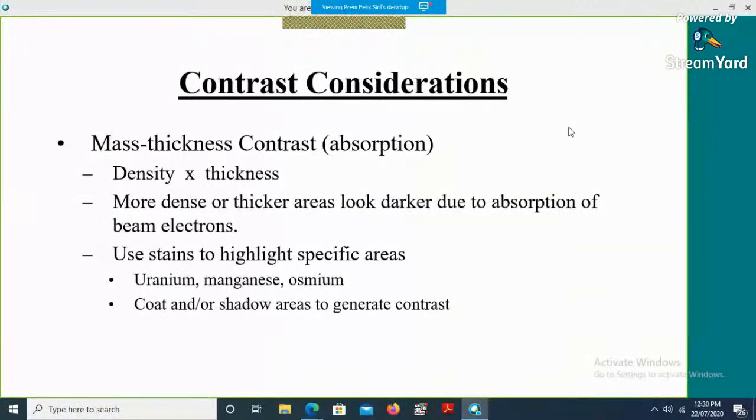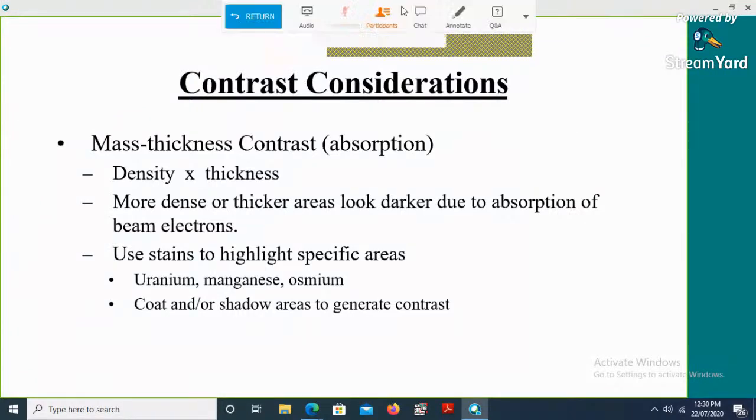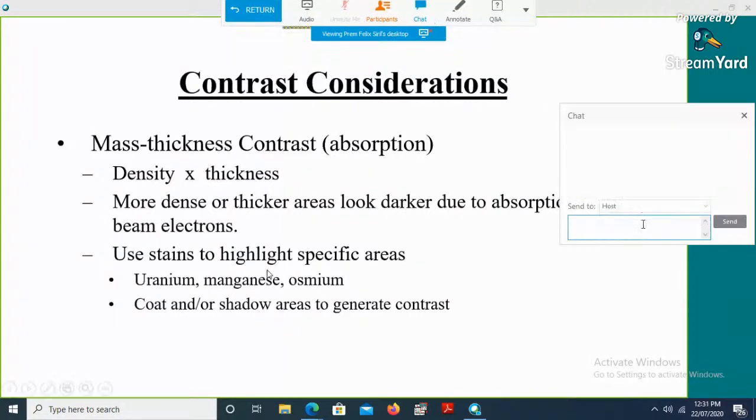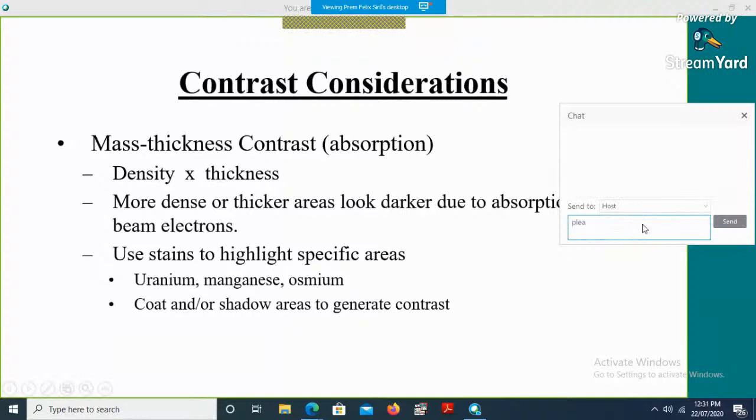If your sample is dense, then it will block more electrons, so the shadow will be darker. Similarly, if your sample is thicker, then the shadow will be darker. So the contrast in TEM comes from both density as well as thickness.